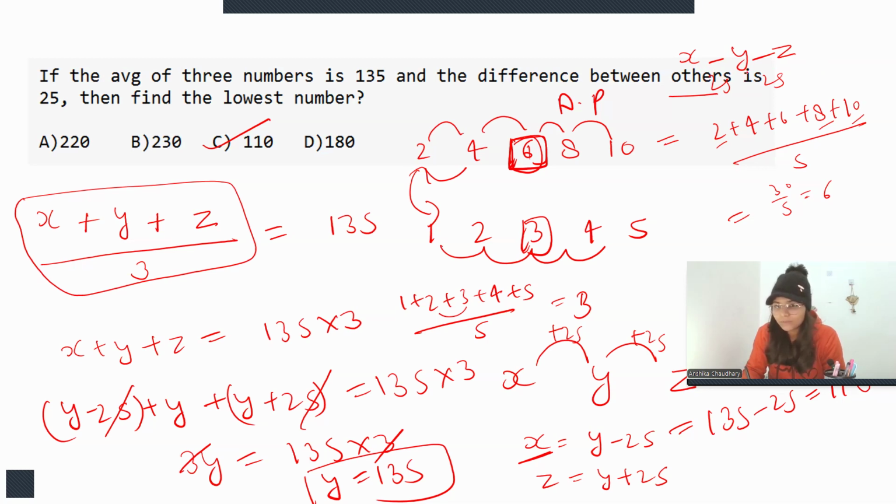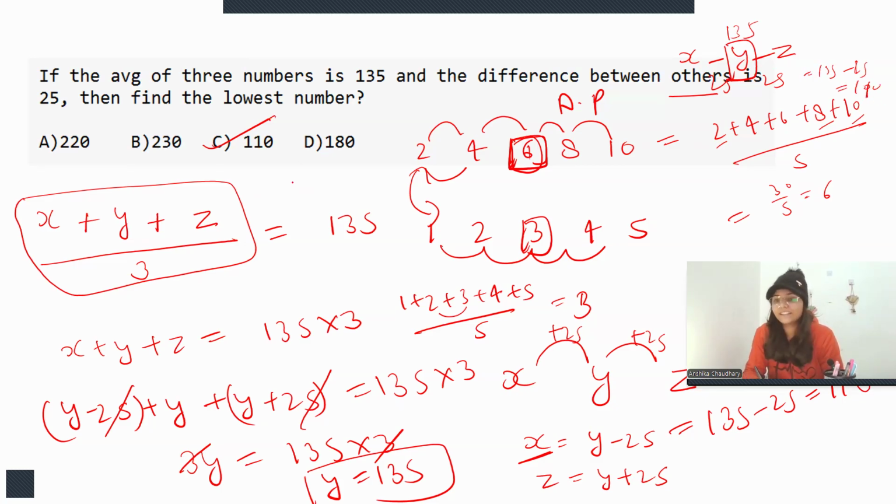That means this is an odd number of series, right? So the average will become that middle value. That means Y. And the Y value, or the average value, is given as 135. So Y value is 135 and the difference is 25. We can directly minus 135 minus 25. So the value will become 110.